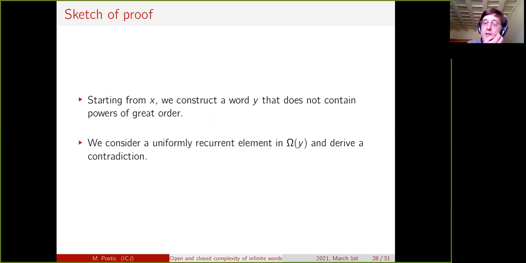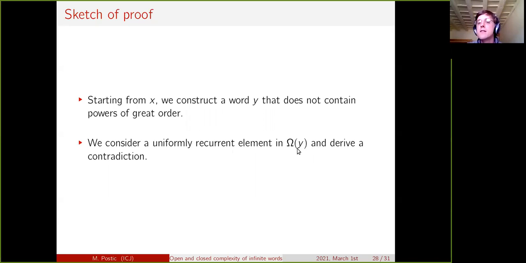And then what you do is you take this element y, which still has bounded closed complexity, and which cannot be periodic because it does not contain powers of great order. And we consider a uniformly recurrent element in its shift orbit closure. Since it's going to be in the shift orbit closure of y, it will still have bounded closed complexity.